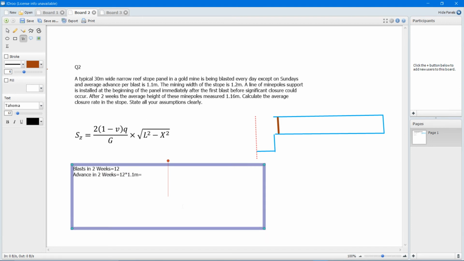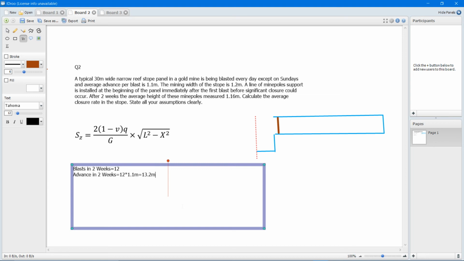Okay, so our advance in 2 weeks is going to be 12 times 1.1 meters, which should give us 13.2. Now 13.2 is what the advance of the panel has been in 2 weeks.